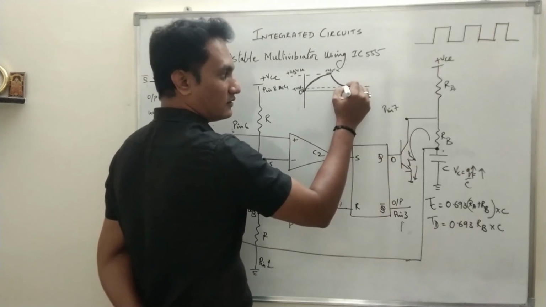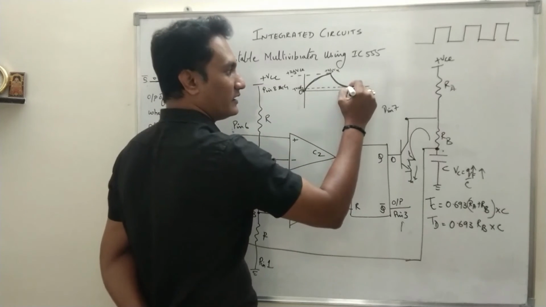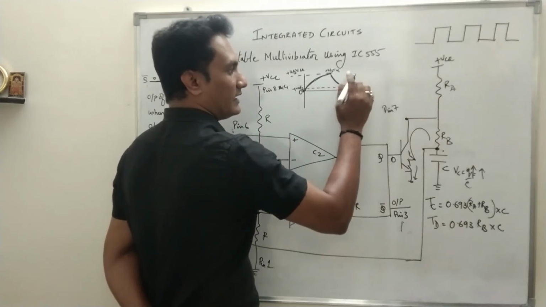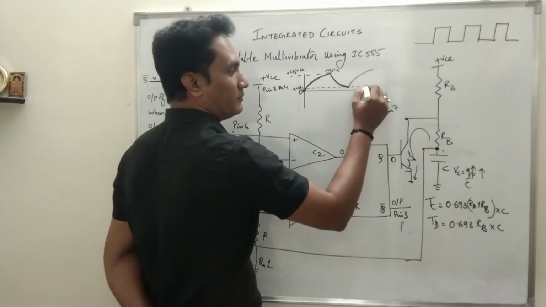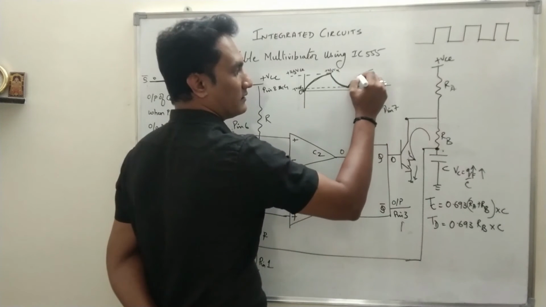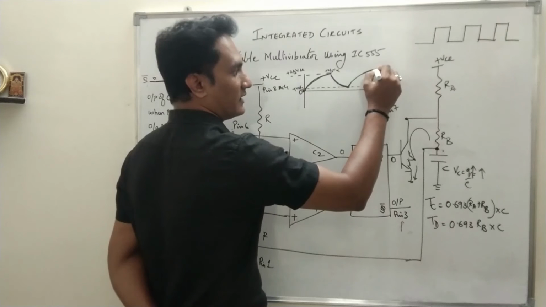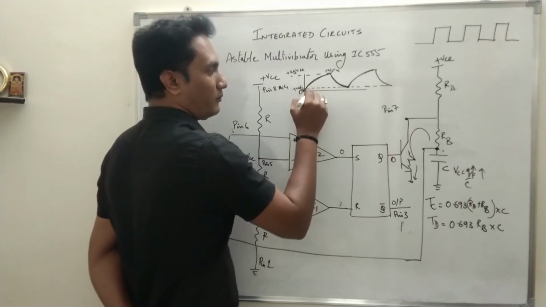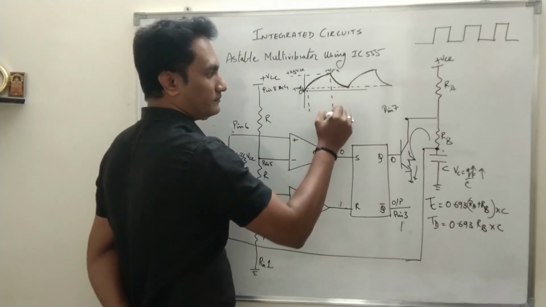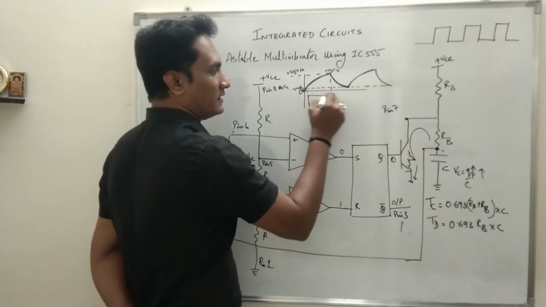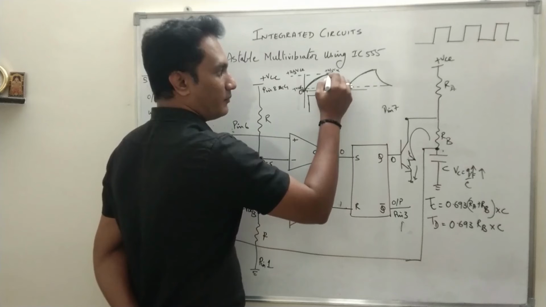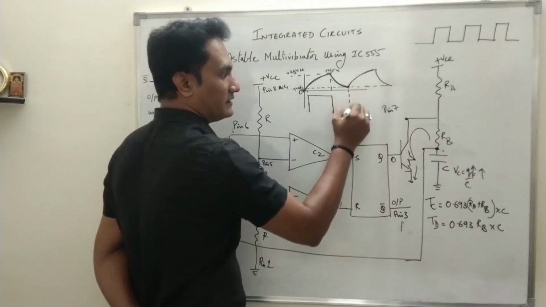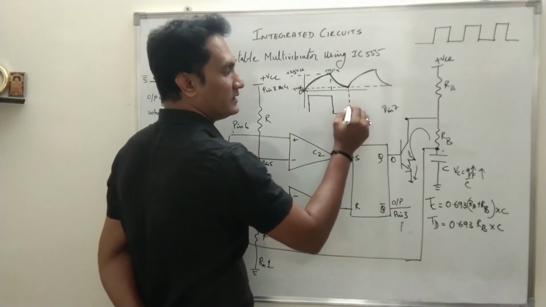As soon as it crosses VCC by 3, again it will be triggered. The capacitor output will again become high and it will start charging. Again, as it reaches 2/3, it will discharge. So the point for which the capacitor charges, that value is 1, and the point for which the capacitor discharges, that value will be 0.